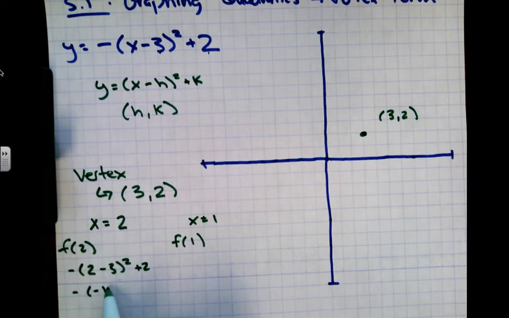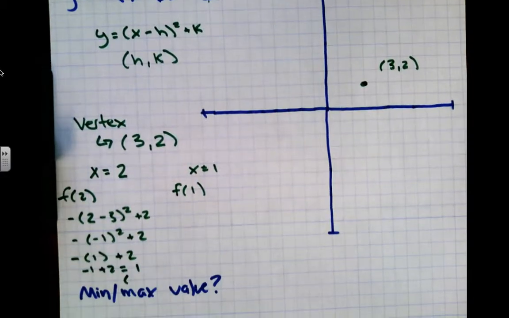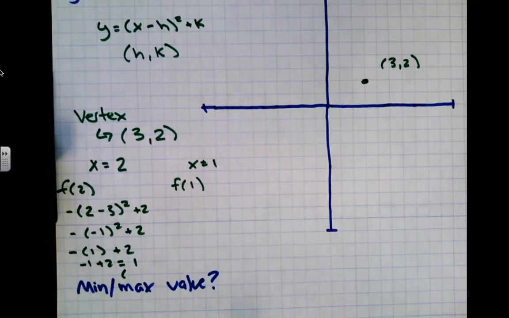Inside the parentheses first, we would have negative 1. Negative 1 squared should be positive 1. Negative times positive 1 would be negative 1 plus 2, which ultimately gives me a positive 1. So what that tells me, oh, didn't realize I was drifting off the page there. When I plug in 2, I should have a y value of 1.